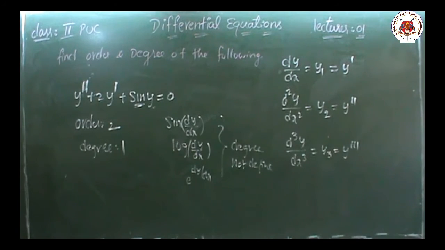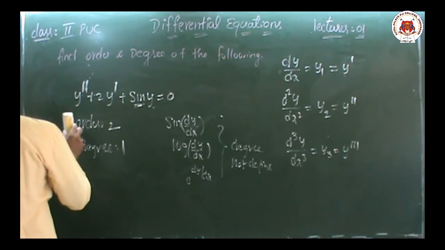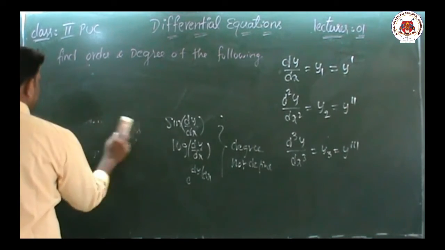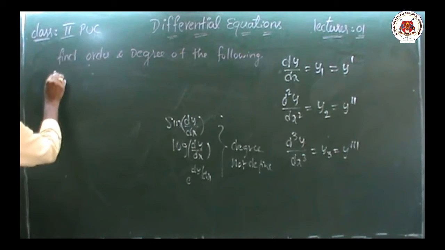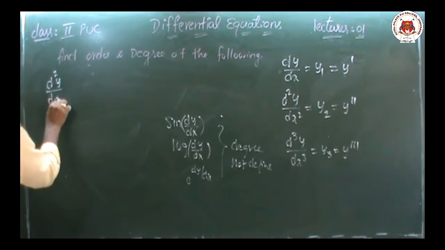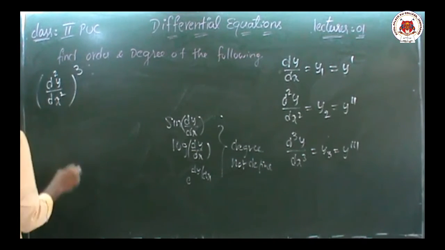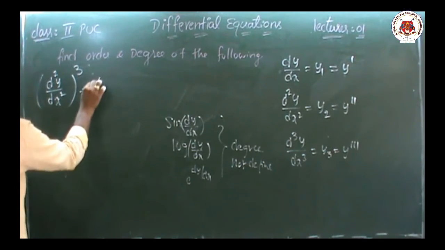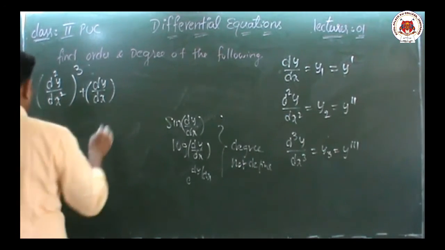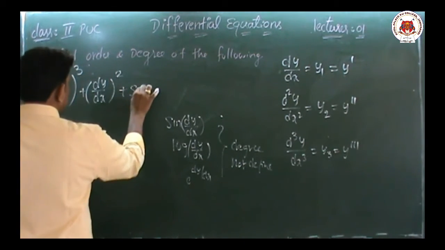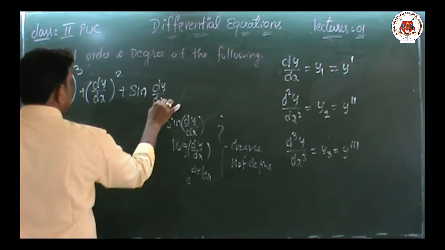Now you go to the next question. The question is (d square y by dx square) whole cube plus (dy by dx) whole square plus sine of dy by dx plus 1 equal to 0.